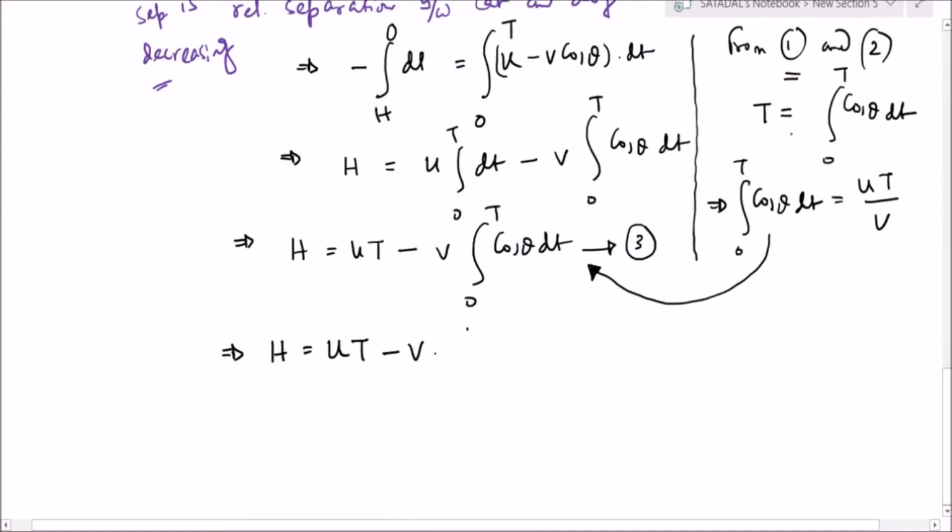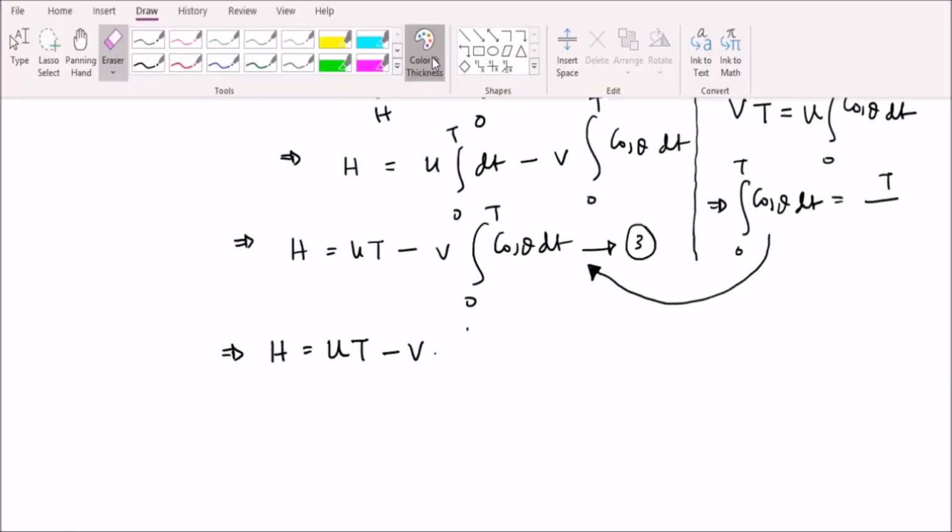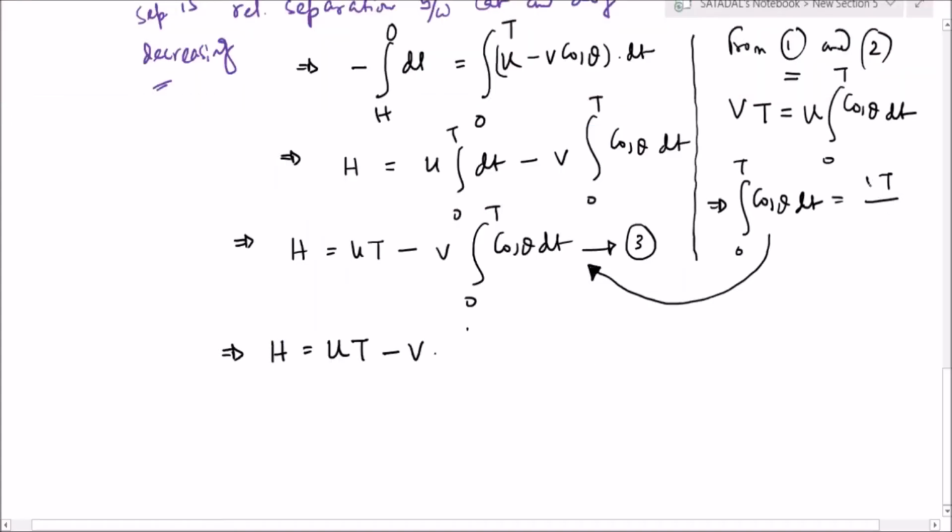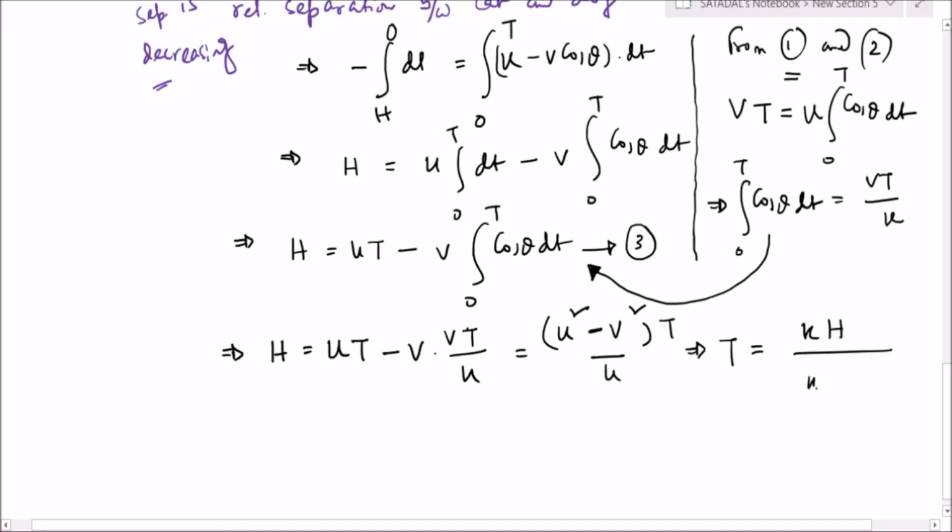So it is vt equal to u into this. One more correction: this is vt by u. So v into vt by u, and it becomes u square minus v square into t divided by u. Then that gives t is equal to u into h divided by u square minus v square. This is the final result.